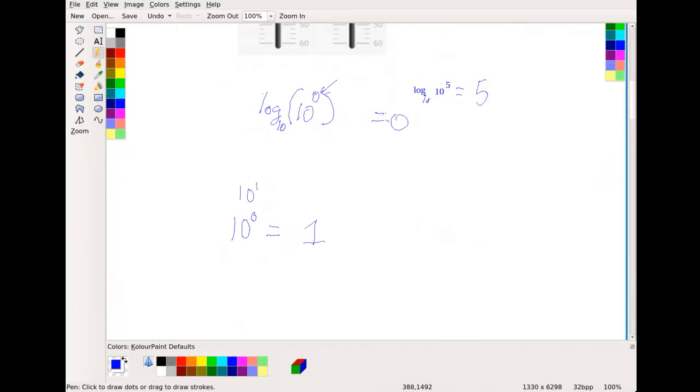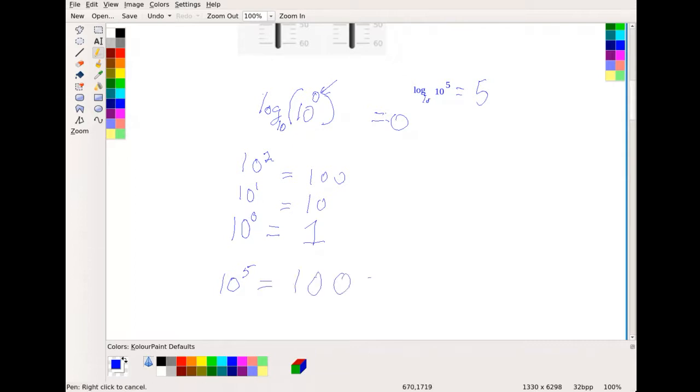10 to the 1st is 10, right? 10 squared is 100, all right? Well, what about if I have 10 to the 5th, which is what we had up there above somewhere?